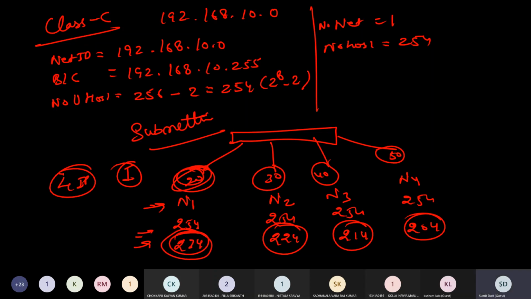I do not say that we will completely avoid the wastage, but we can reduce it to a very large extent, right? So shall I start subnetting? Yes, sir. Okay.